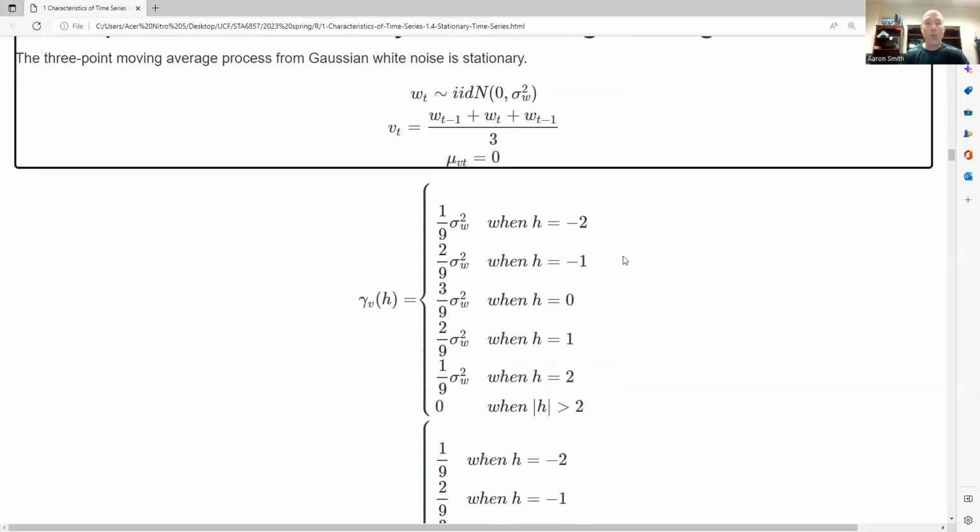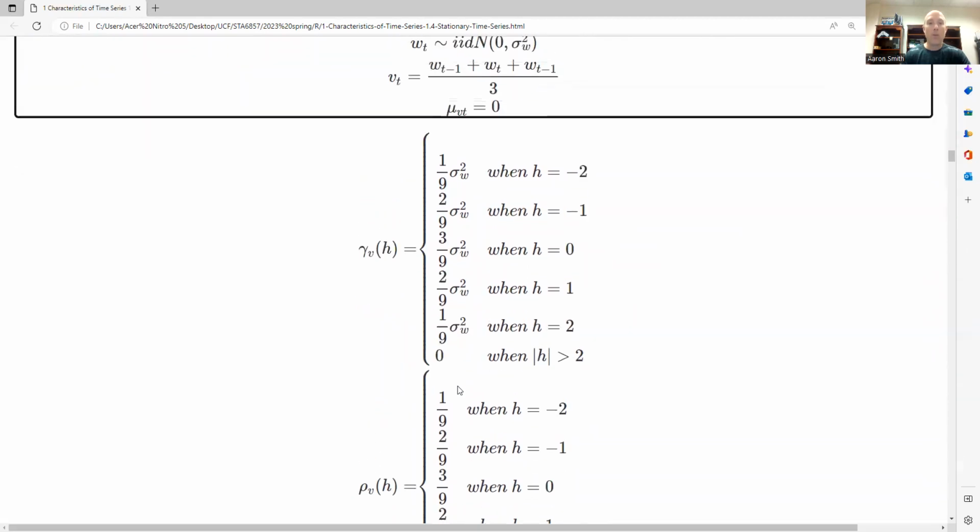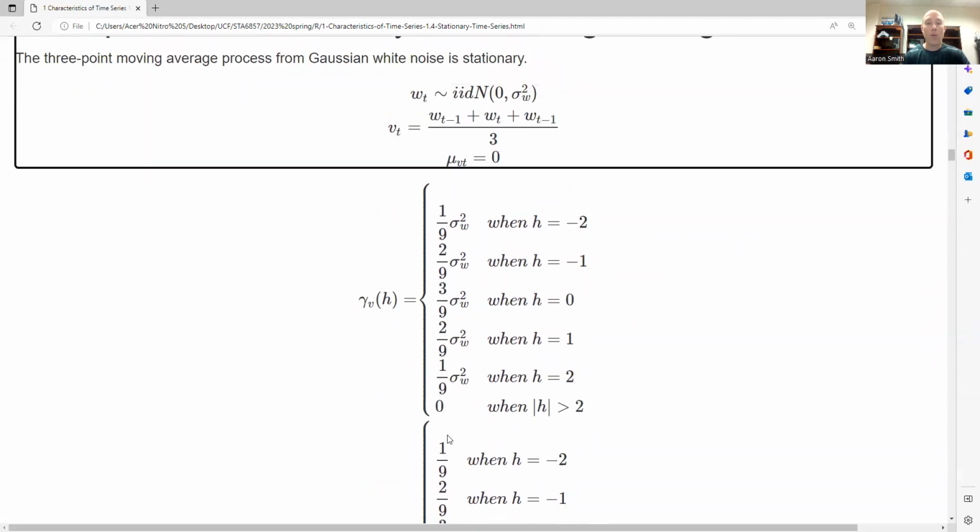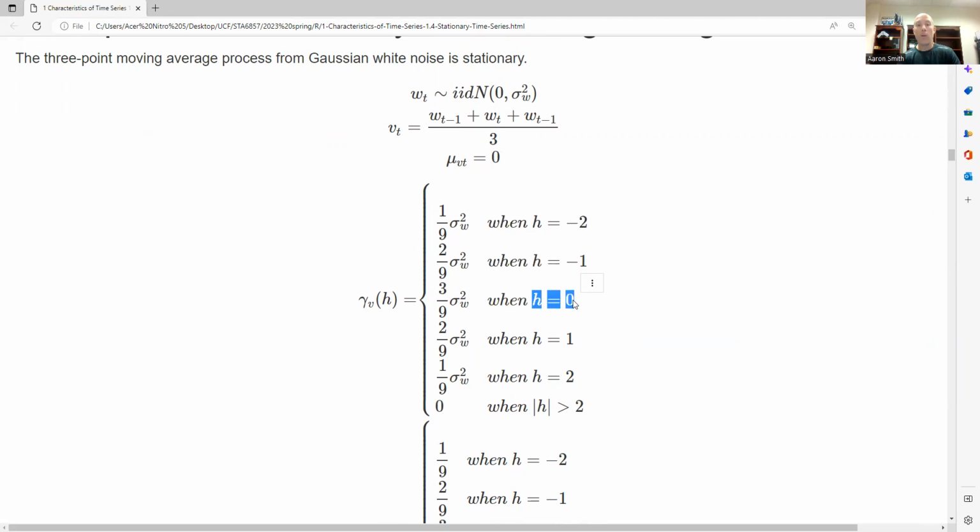If we work this out, we can see that this is our autocovariance. And we notice that when h is equal to 0, we're going to get the variance, and this is going to be the largest autocovariance that we get. As we shift away, the values will get smaller.